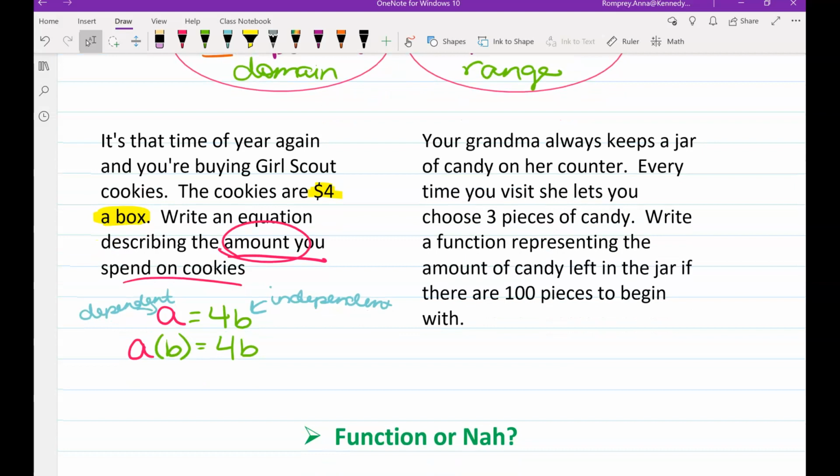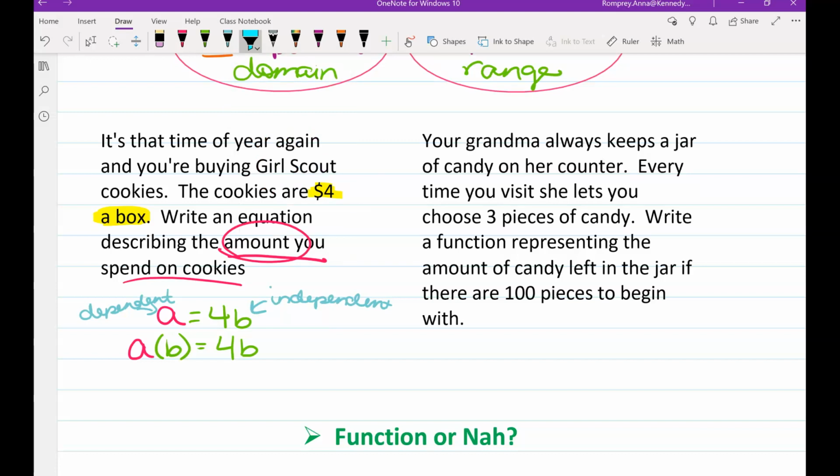So your grandma always keeps a jar of candy on her counter. Every time you visit, she lets you choose 3 pieces of candy. So write a function representing the amount of candy left in the jar if there are 100 pieces to begin with. All right, mark that text. What's important? Well, keeps a jar on the counter.